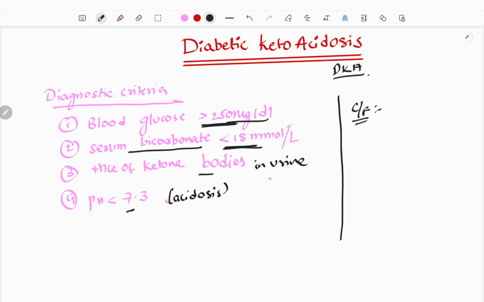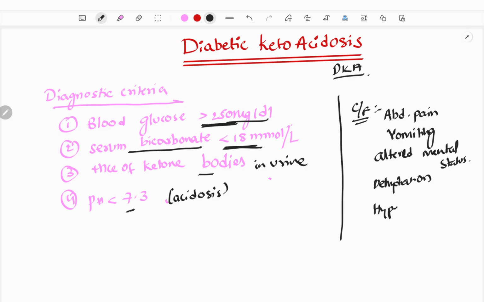Patient presents with abdominal pain, vomitings, altered mental status, dehydration, hyperglycemia, unstable vitals, and even if we take the urine sample for ketone bodies, there will be the presence of ketone bodies in urine.